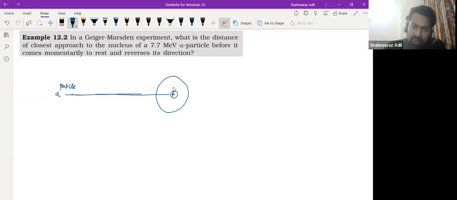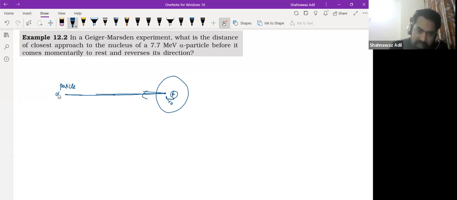It reaches some point, then it stops and reverses back. This is what happens in the distance of closest approach, and this distance is called the distance of closest approach. That we studied.